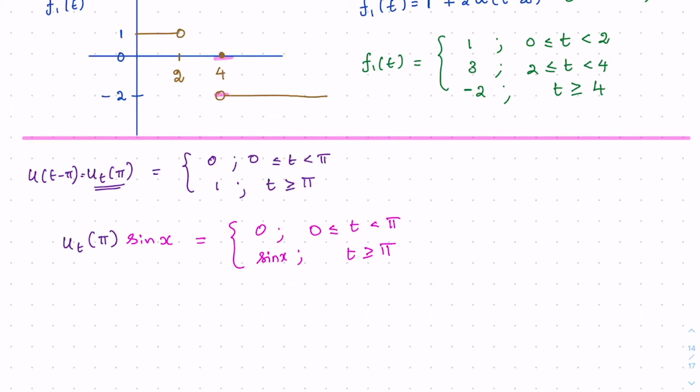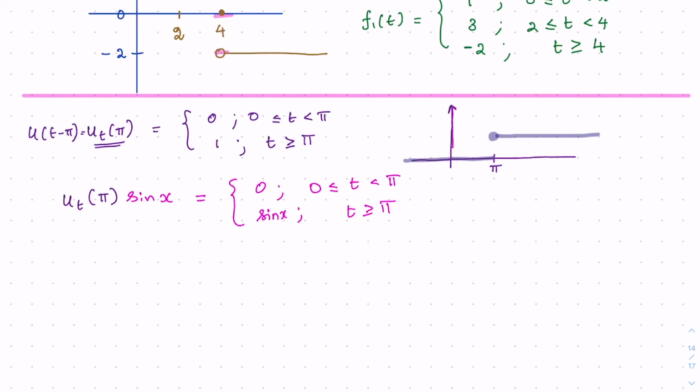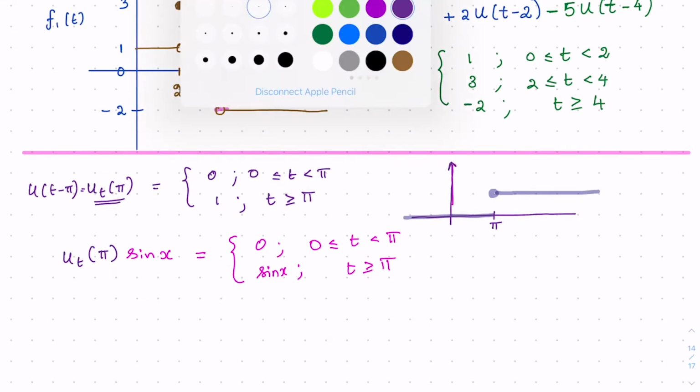Now let me try to graph this function for you. This function, we know how it looks. It looks like this. So here's my pi. It's 0 all the way here, and then 1 afterwards, right? Now how is this function going to look?